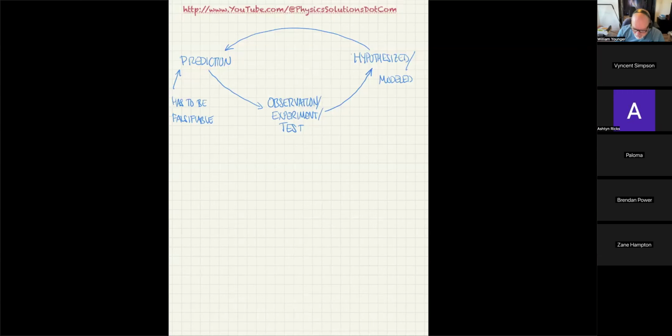But the main thing is in going through this cycle of observation, hypothesis, prediction, if you go through that, let's say hundreds of thousands, even millions of times, and never once find your predictions to be falsified, then you're starting to move from this being a hypothesis with a model to this being a full-fledged theory. Okay, theory is supposed to be a strong word in science.